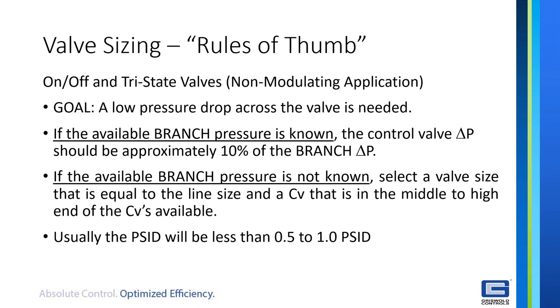They picked the highest CV, and then, shoot, it's supposed to be modulating, or we need to change something, and they swap out the actuators, and now they've got a really, really big valve with a big opening in it. So I myself try to keep the PSID between 0.5 and 1 and not go with the biggest CV unless it's justified in the sizing.